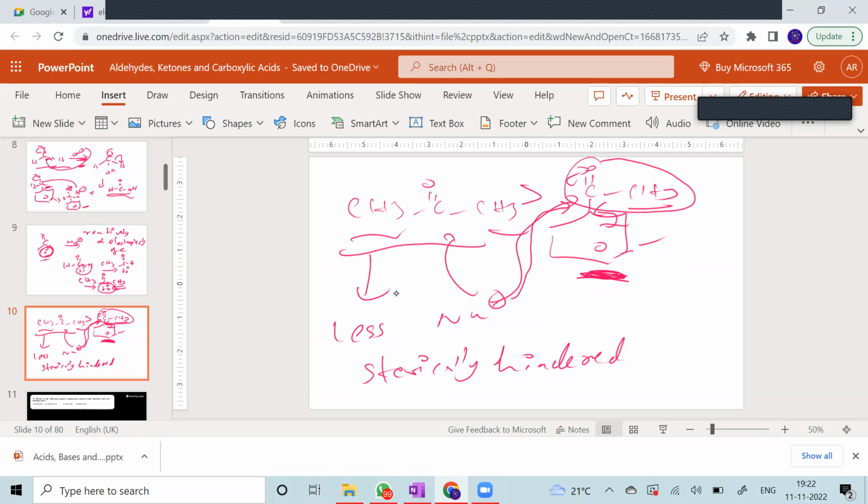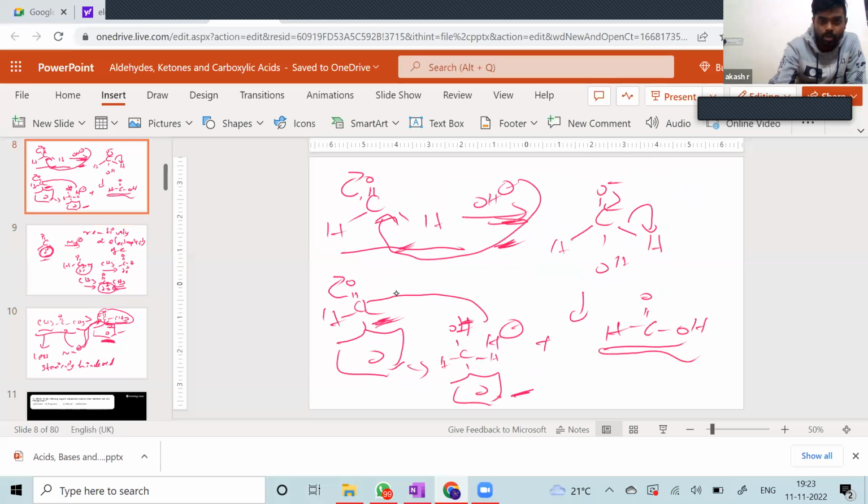Obviously, 2 things you will look for, people. One is the amount of charge, and the second thing is steric hindrance. Steric hindrance means crowdedness. So the less steric hindrance it has, the more reactive it is, and the more charge it has, the more reactive it is. Coming back to this one, this is going to have more electrophilic nature because this is an aldehyde and this is a ketone.